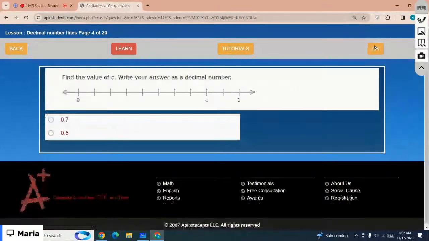Okay, find the value of C. Write your answer as a decimal number. Which is the correct option, 0.7 or 0.8? Which is the correct one? Yes, that is 0.8. The correct option is 0.8.